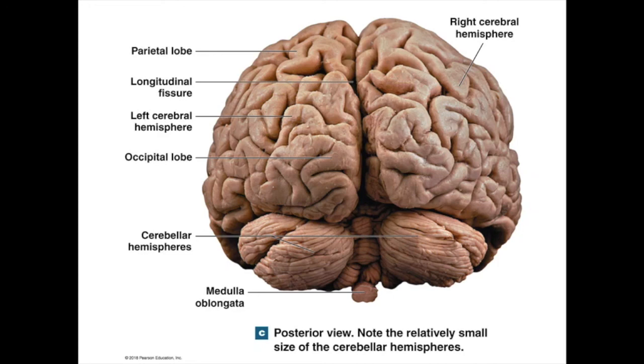You keep seeing here the longitudinal fissure, you see the occipital lobes, and relatively more anterior you have the parietal lobes. These may be relatively difficult pictures to begin with, but you can go back and forth. But this one is relatively simpler, so let's look at it.